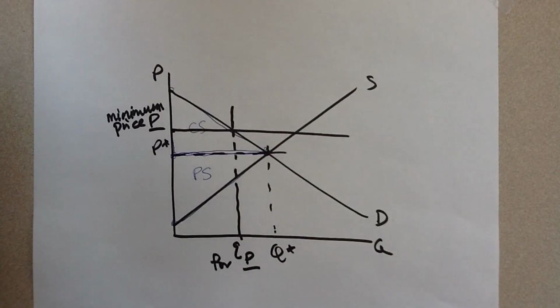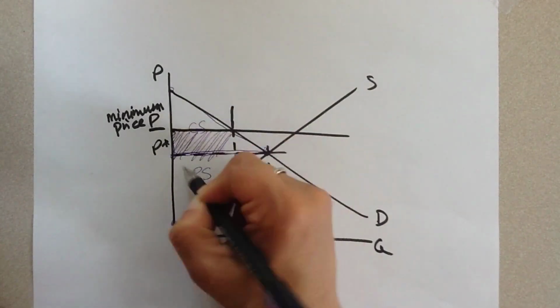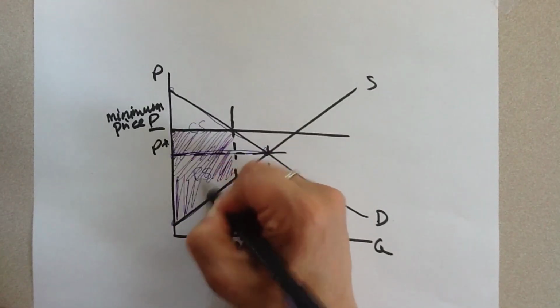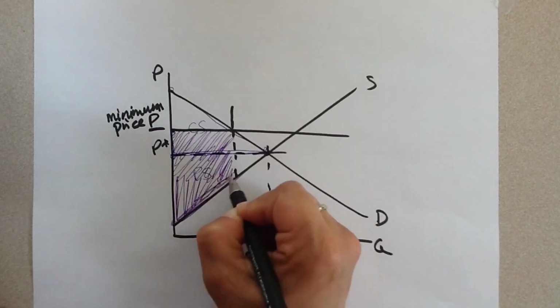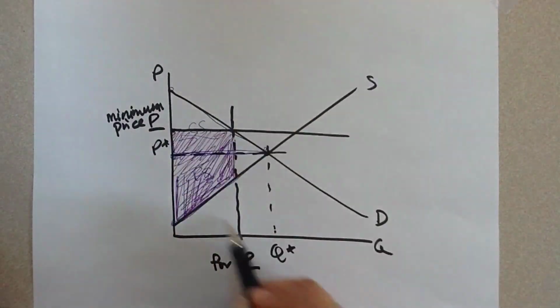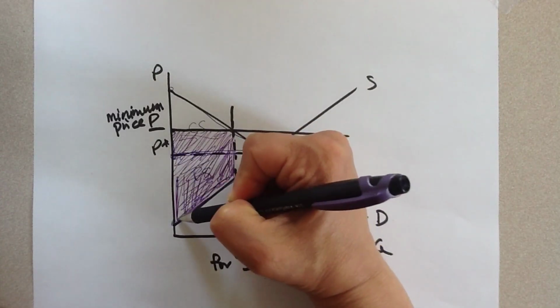And so we have a new producer surplus, which is this shape. For every unit up to this Q, there's this gap between what the sellers are getting and what they would have accepted.